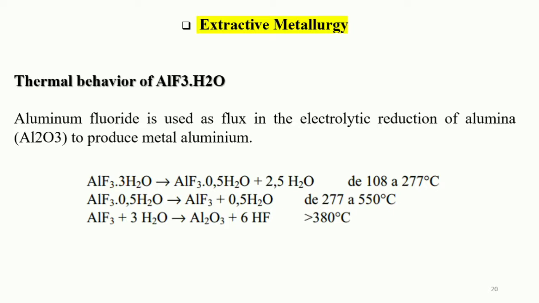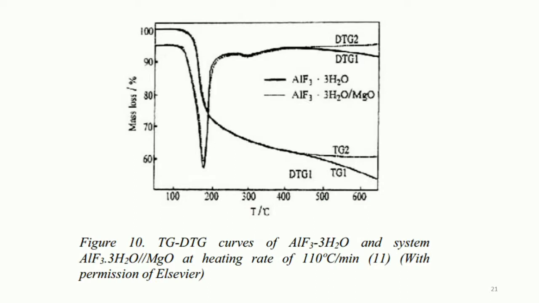In the wet process, the anhydrous fluoride is prepared by heating trihydrated aluminium fluoride. This thermal decomposition involves 3 stages. This figure shows the TG and DT curves for aluminium fluoride trihydrate and the system AlF3·3H2O with magnesium oxide.